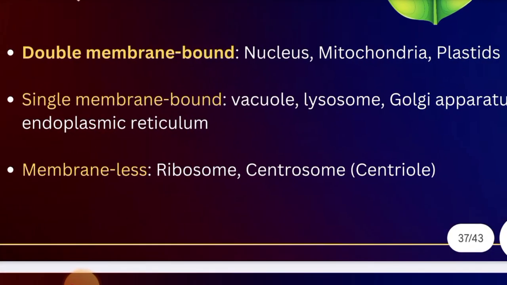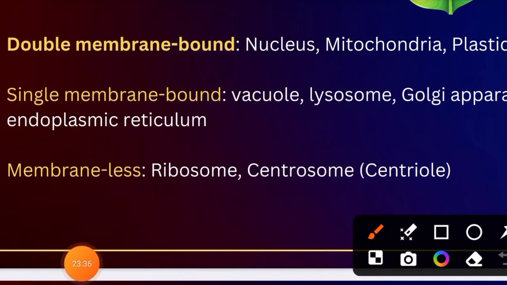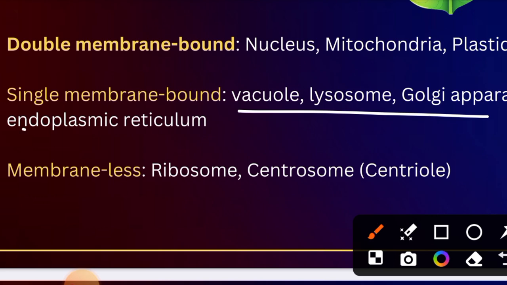Next, vacuole. Now here, to remember single membrane organelles, having only one membrane, how to remember this? Endomembrane system. So in the endomembrane system, who is working there? The endoplasmic reticulum is producing proteins.